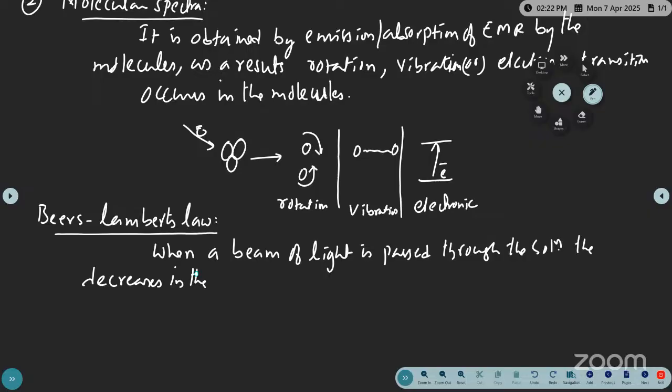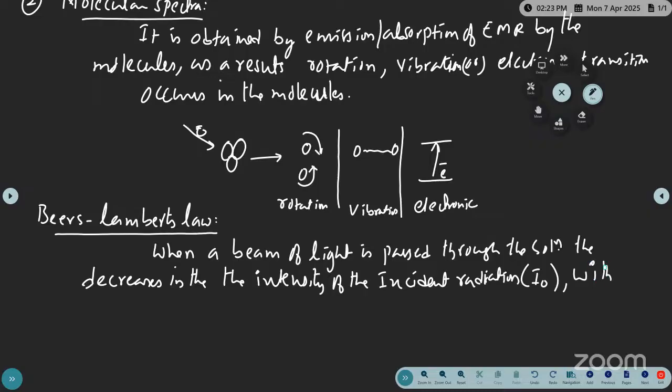Okay, so when a beam of light is passed through the solution, there is a decrease in the intensity of the incident radiation, that is I naught, with the thickness of the solution, and here thickness can be denoted in terms of x. Okay, x thickness.